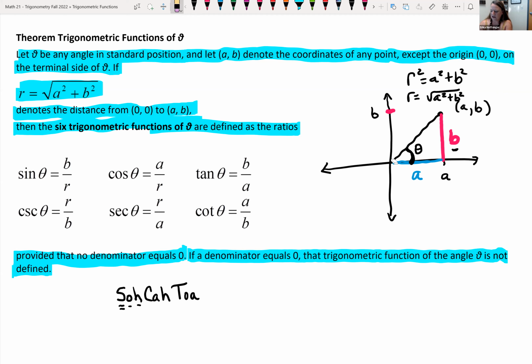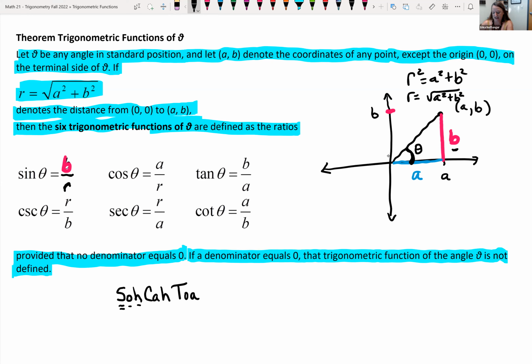So opposite is our side B, all over the radius. I keep on saying radius because we're going to be talking about unit circles later on in the next section, but R, which is our hypotenuse.